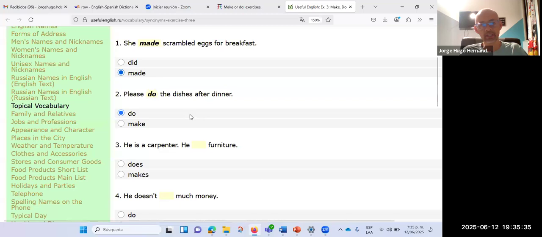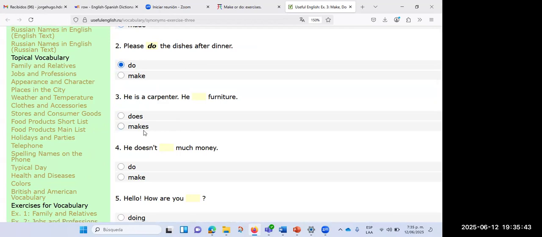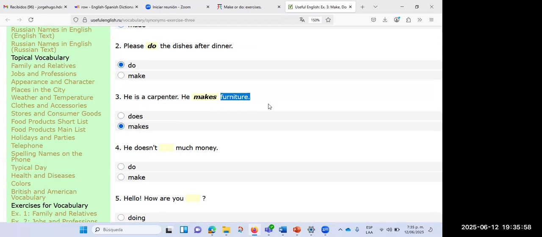Okay. Number 3, Santiago. He is a carpenter. He does or he makes furniture. He's a carpenter. He makes furniture. Okay, he makes furniture. Santiago, what is furniture? Can you explain to me or to us what furniture is? In English, of course. Furniture is muebles.